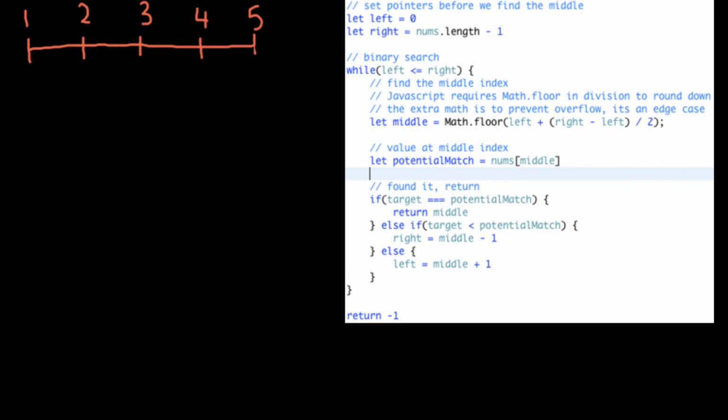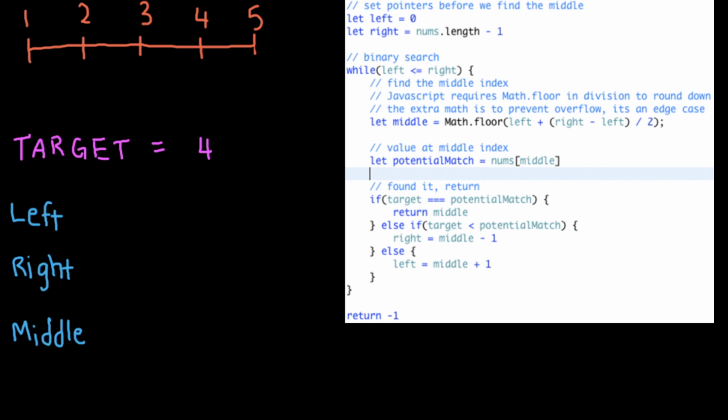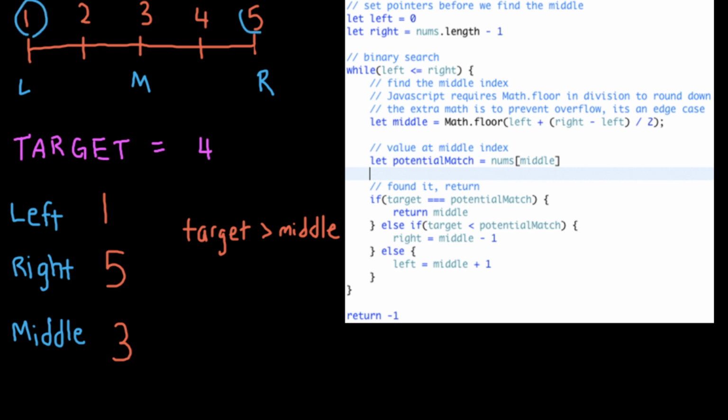Now, let's do a super fast example with a walkthrough. Number line of just 5 numbers, target of 4. Okay, let's look at our variables, left, right, middle. What do we start with? Well, we start with 1 on the left, 5 on the right.